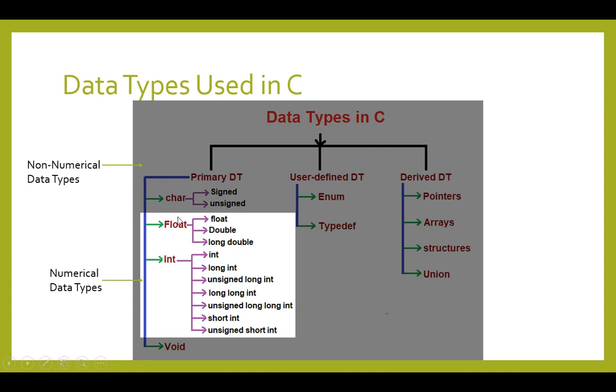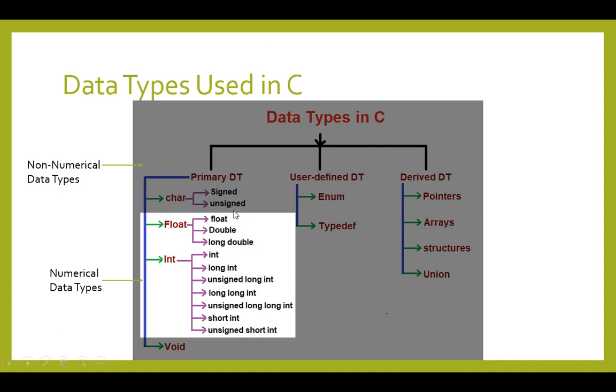Now, if we consider this float as fractional type variable, it can be a float variable, or it can be a double variable, or it can be a long double variable. So what is the difference? So the float is the standard fractional data type.